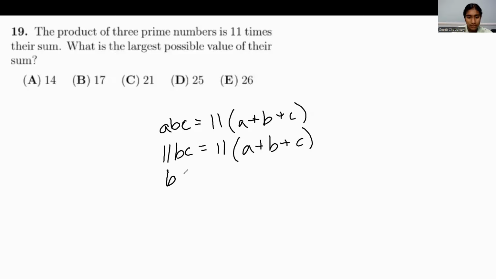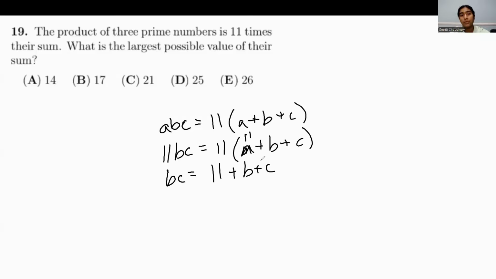So now we have BC, so B times C, equals A plus B plus C. Oh, A is 11. I forgot to rewrite that. So that's 11 plus B plus C.